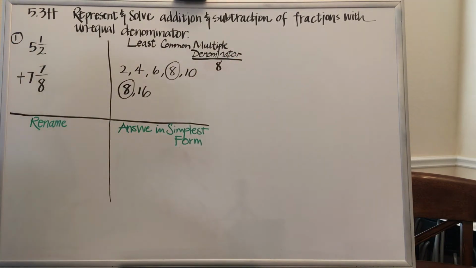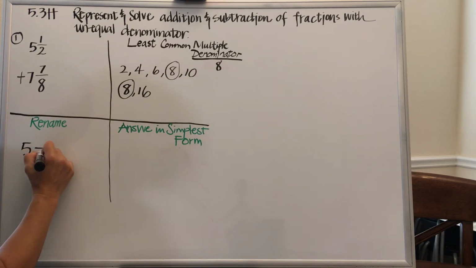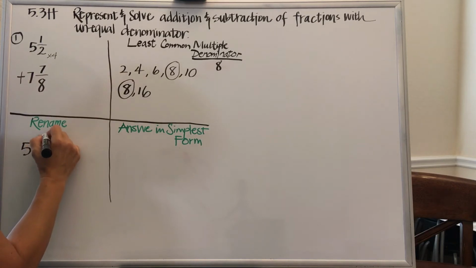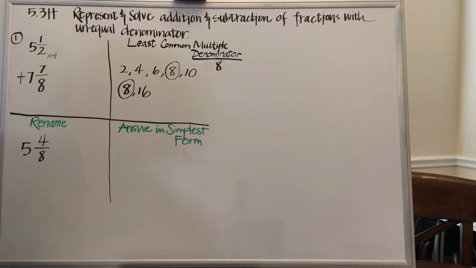So this time, if I'm going to add these, same process. I'm now going to rename a mixed number, so make sure you don't leave the whole number on the side and forget about it. So how do I go from 2 to 8 again? I multiply by 4. Therefore, I have to multiply by 4 for the numerator as well.